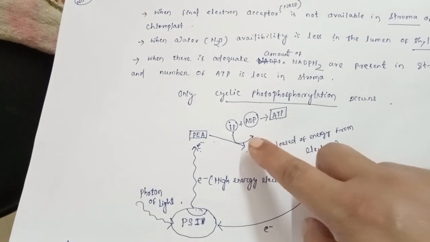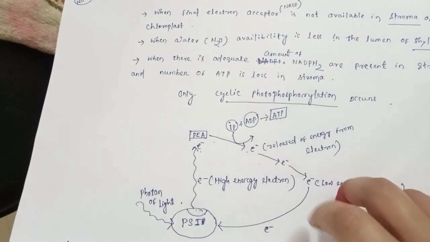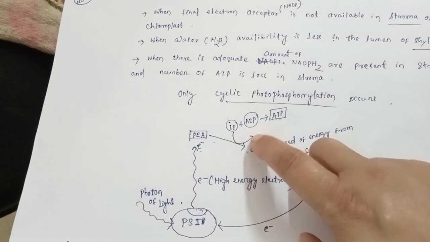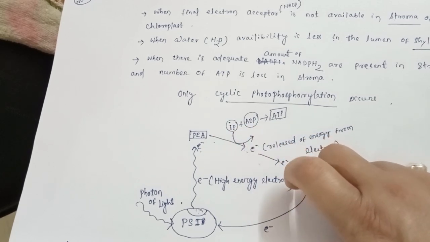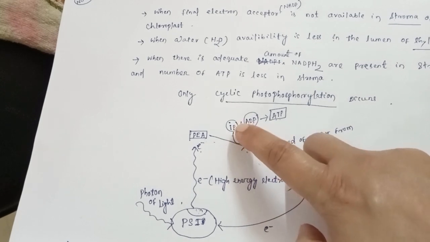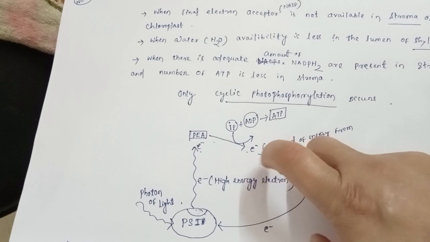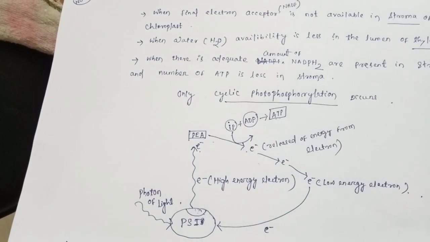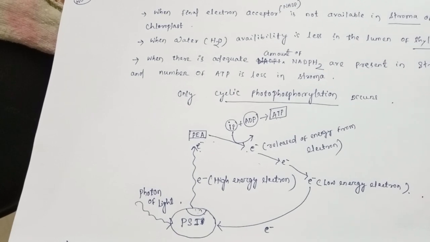During the flow of the high energy electron, it releases some of its energy to become stable. This energy is utilized for the binding of inorganic phosphate to ADP to make ATP.